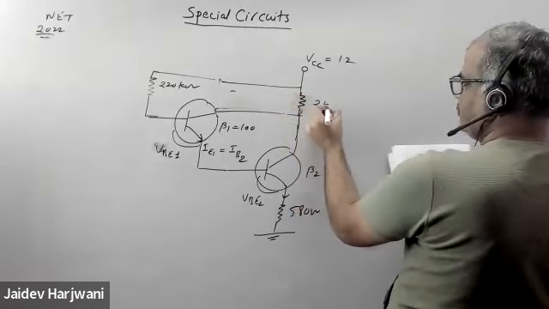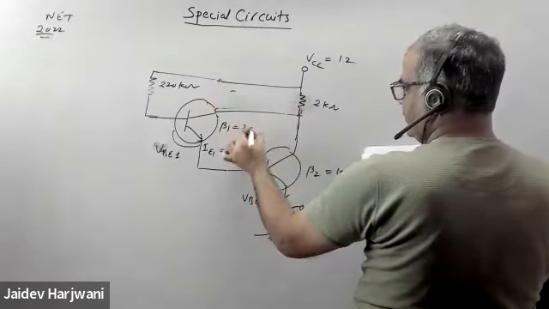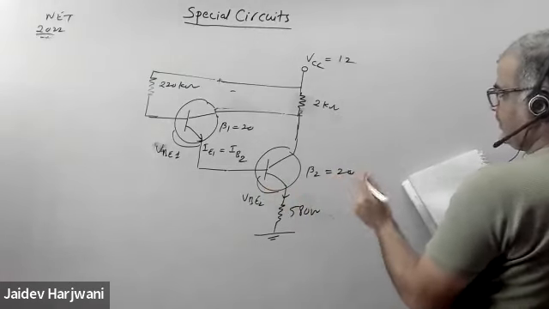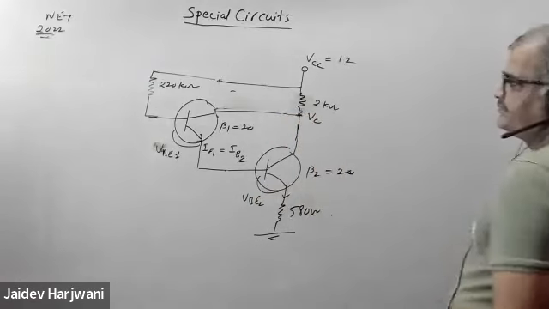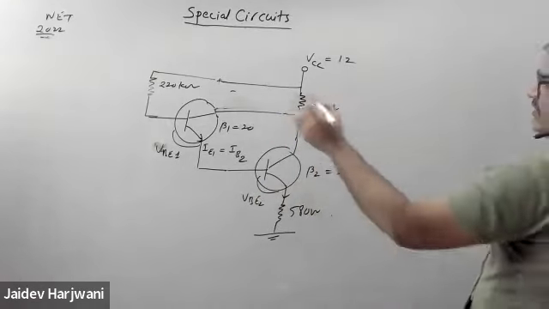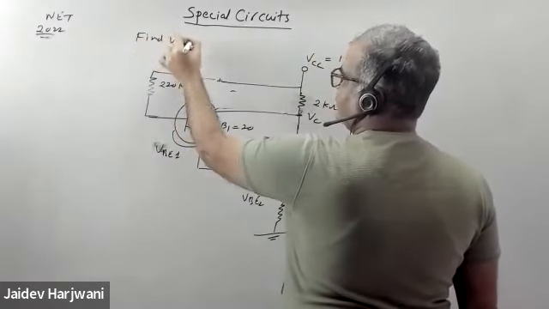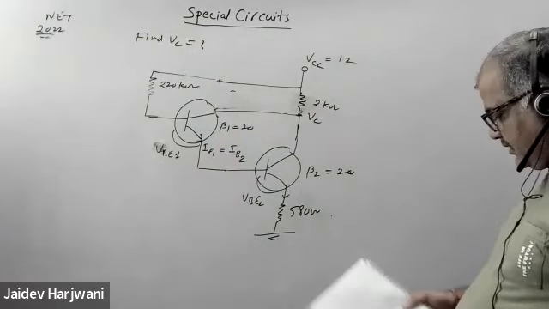This resistance value is 2 kilo ohm. Beta 1 is given 20, beta 2 is also given 20. So they are asking what is the value of VC? Find VC in the circuit. Any other information you require to solve this one?